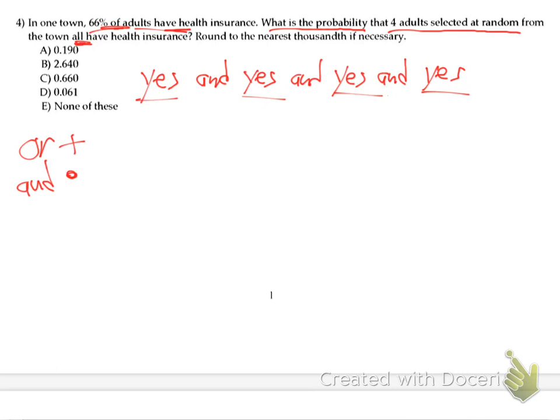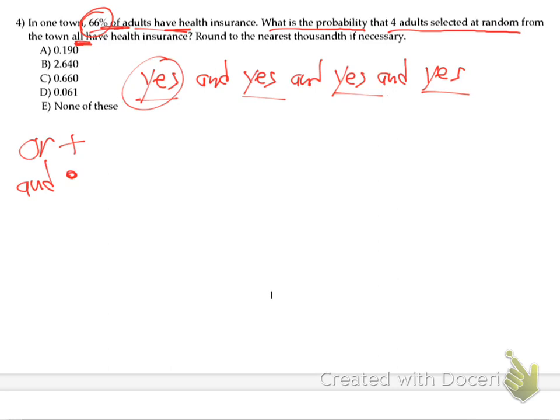So what's the probability somebody's going to say yes if we ask somebody at random in that town, do you have health insurance? Yeah, 66%, because 66% of the town has health insurance. That means 66 per every 100. If we grab somebody at random and ask, do you have health insurance, the chance they'll say yes is 66%.